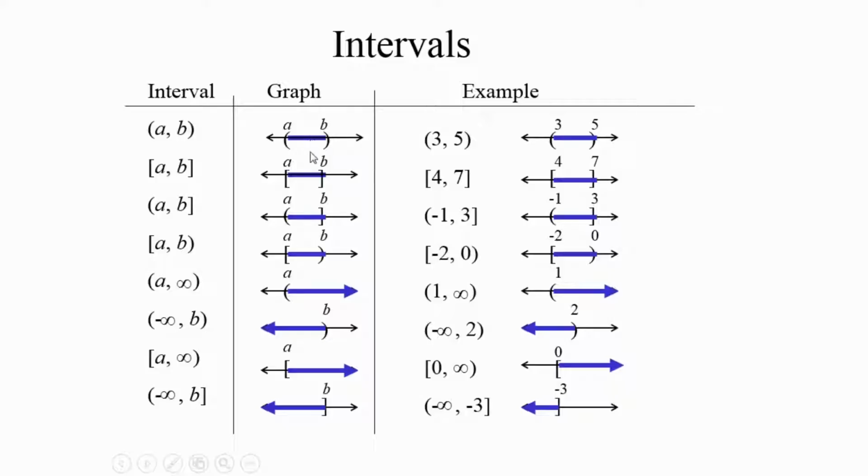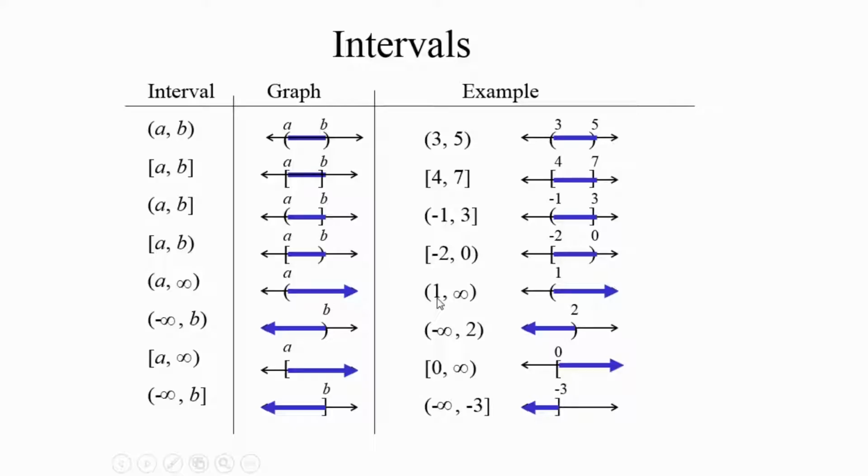These are all the different forms in the form of intervals and graphs, and these are the examples. Where the answer is 3 and 5, that means the answer is between 3 and 5, exclusive of both; between 4 and 7, inclusive of both because of the bracket; between minus 1 and 3, exclusive of minus 1, inclusive of 3, and so on and so forth.